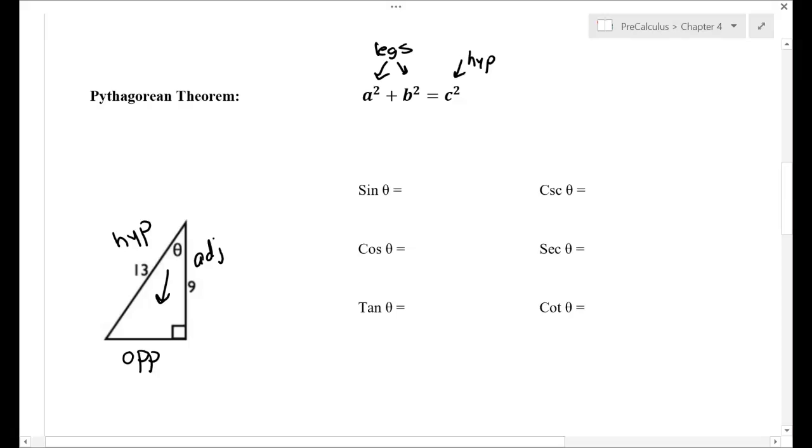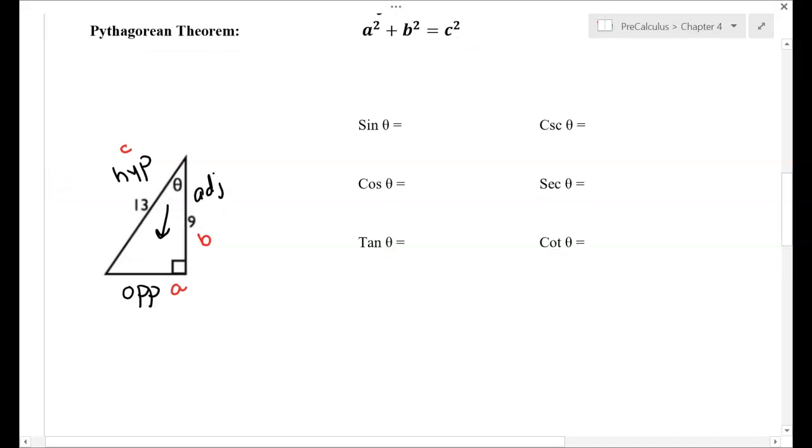Now to compute all 6 of our trig functions, we have to know all 3 sides. So I'm going to use Pythagorean theorem to calculate the opposite side. For the purposes of doing Pythagorean theorem, I'm going to call the opposite side A. The adjacent side is B, and the hypotenuse is always going to be C. So I'm going to have A squared plus B squared equals C squared.